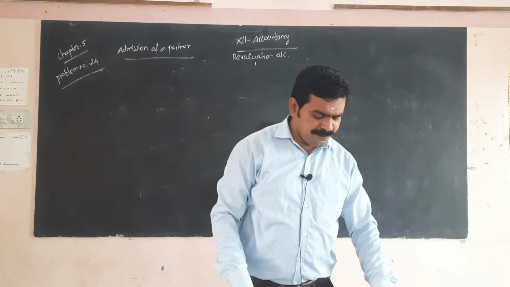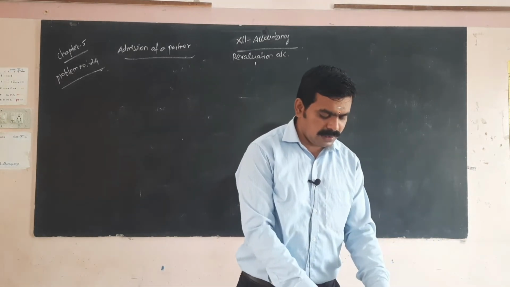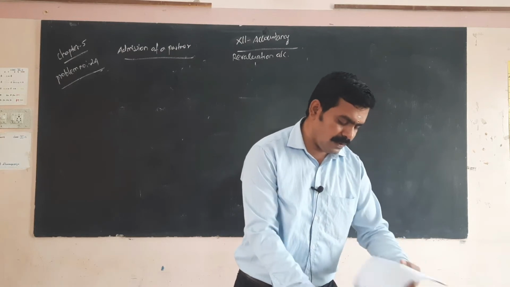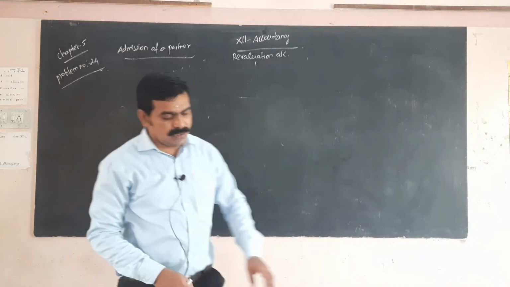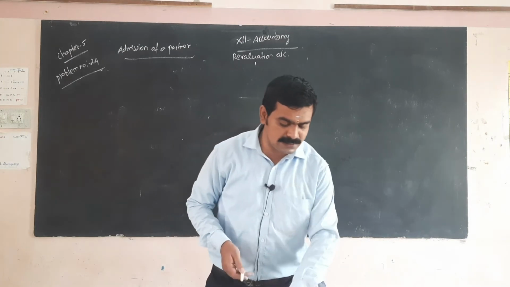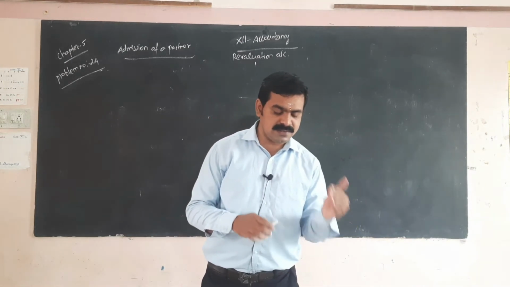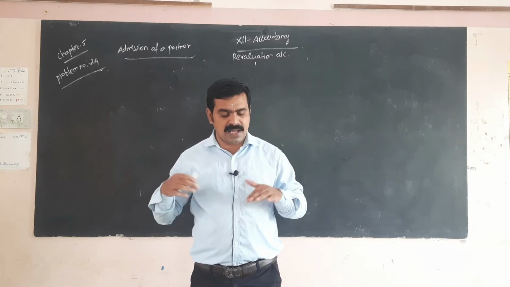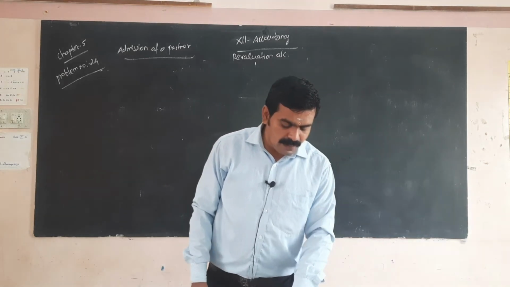In this problem, what are the important figures or particulars? Assets and liabilities are listed out, capital accounts also listed out, buildings, furniture, stock, debtors, bills receivable, cash at bank, profit and loss account is listed out.